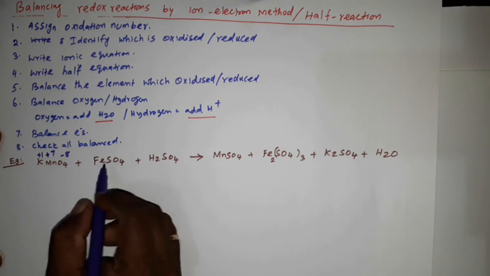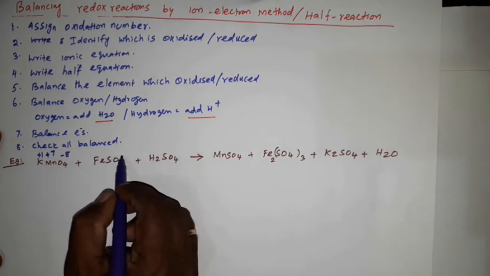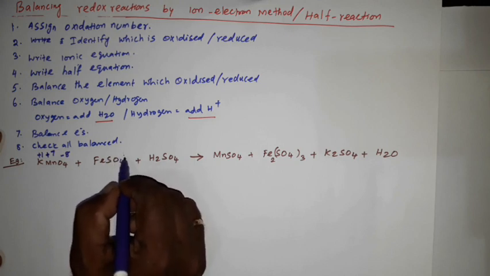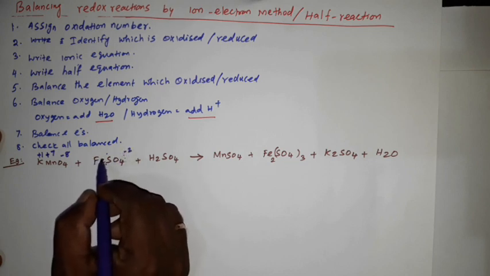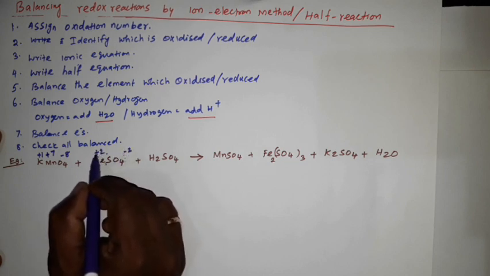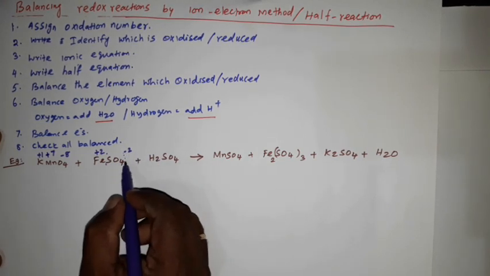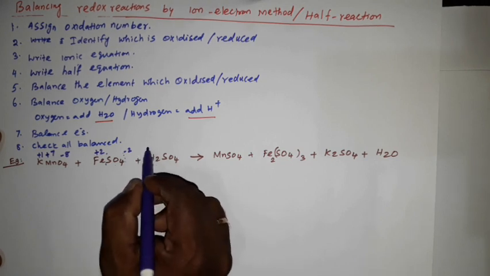Now iron. For sulfate it is always -2, you have to take the whole sulfate as -2. Of course, this iron will get +2. +2 and -2 will be cancelled, so the total oxidation number is 0 for this compound. Hydrogen, there are 2 hydrogen atoms, so +2.